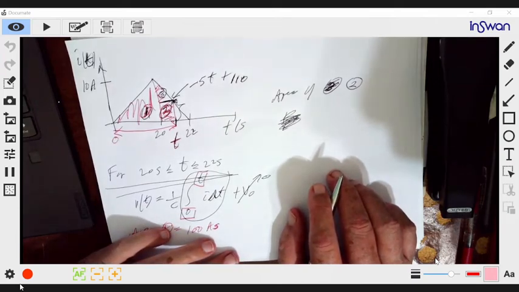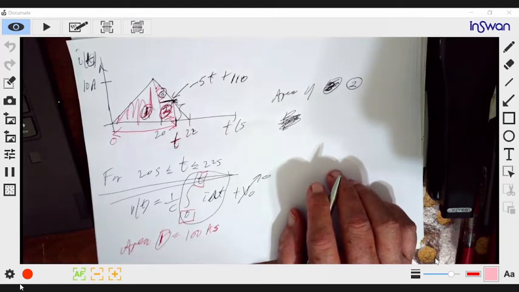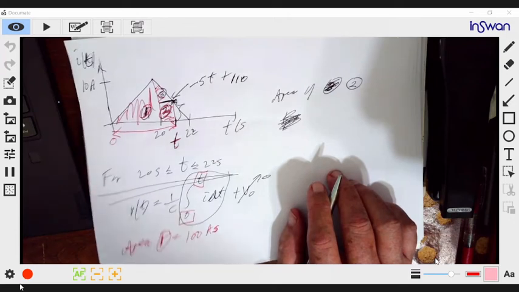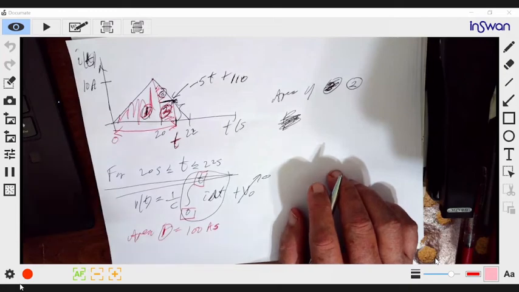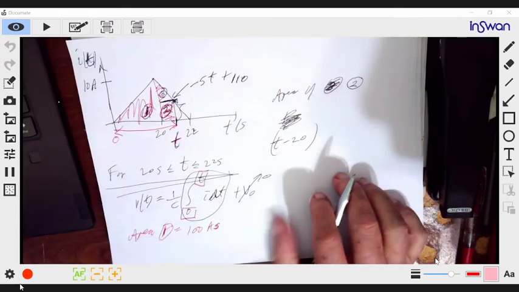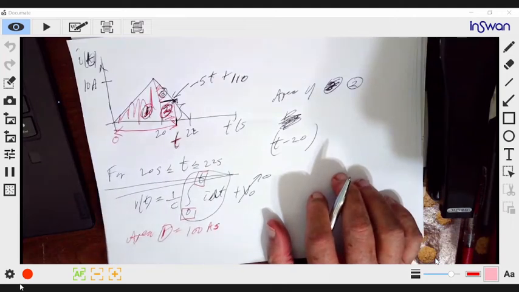I know that the length is from 20 to T. The width is T minus 20. That's the width, T minus 20. What's the height?